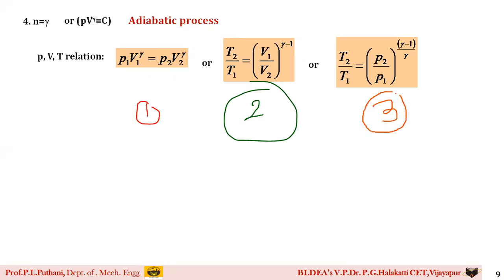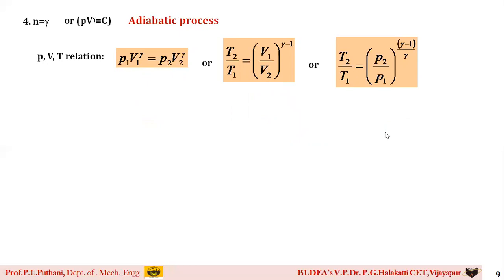Depending upon the conditions given in a problem, you can choose any of these relations and do the simplifications. Now the next important term is the heat transfer. As it is an adiabatic process, purely insulated, there is no heat interaction with the outside environment, which means the heat transfer value Q here is 0.